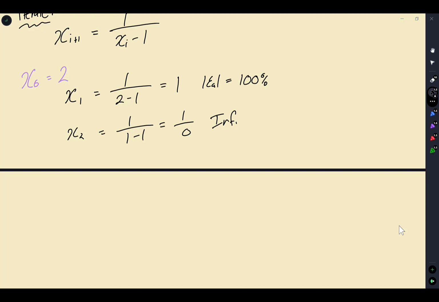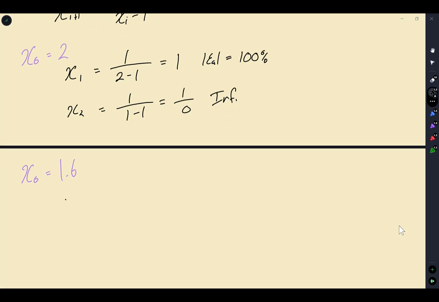Another option is to just change the initial guess. Let's say x naught instead is 1.6, and redo. So x1 is equal to 1 divided by 1.6 minus 1. This will give us 1.67, with a relative error equal to 4%.